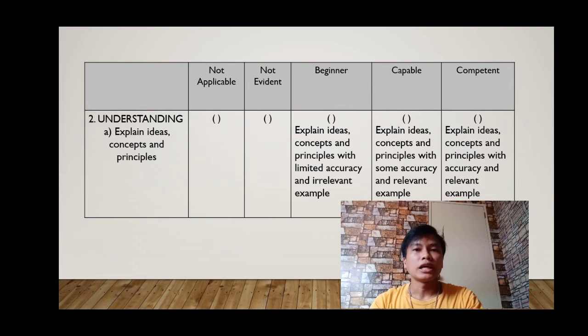And they can give relevant examples. So they have a basis for their examples, or they can support their examples to their explanations. So the next category is the competent.